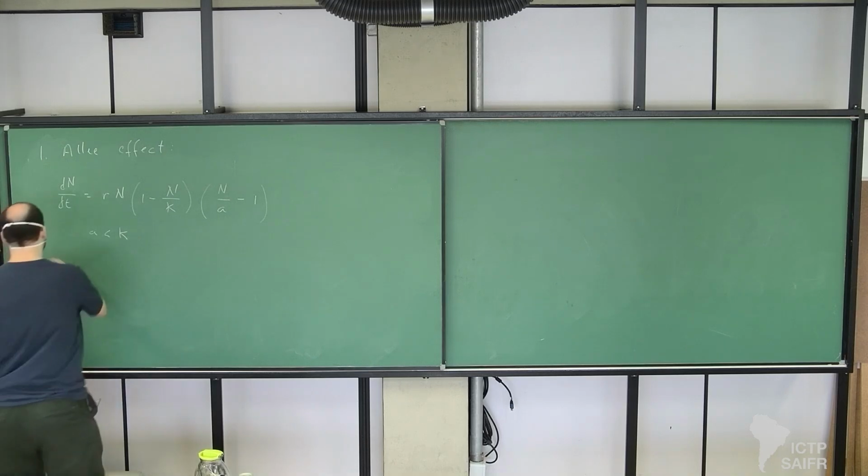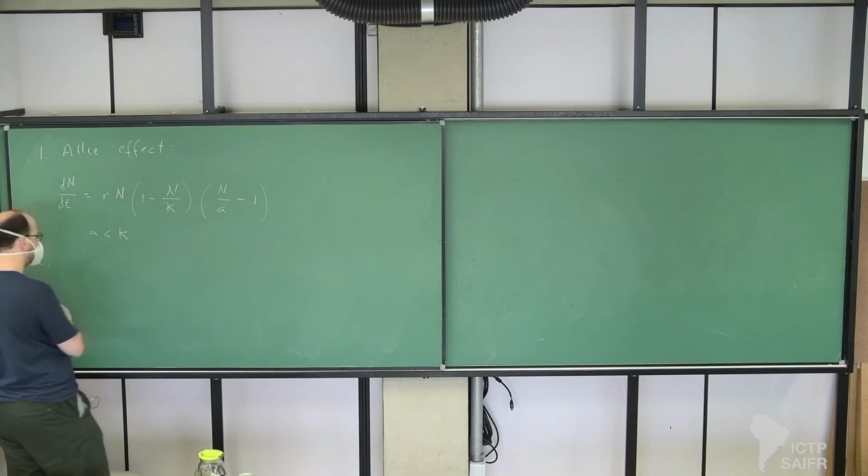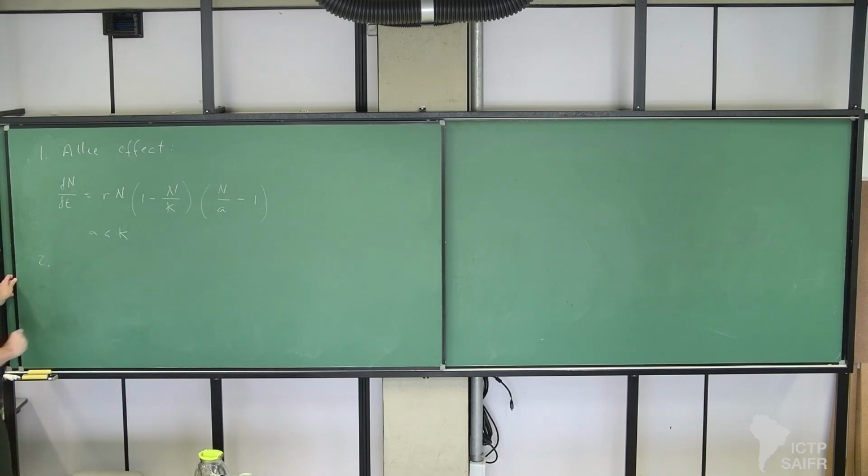And the second one is the competitive Lotka-Volterra model, right?